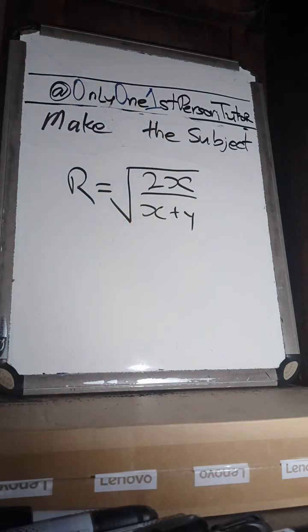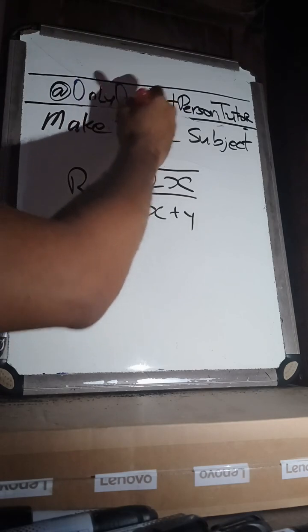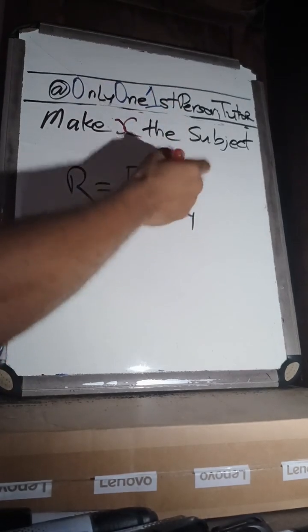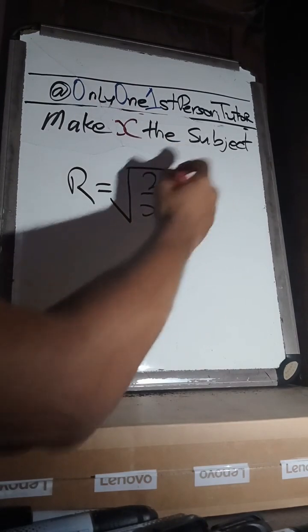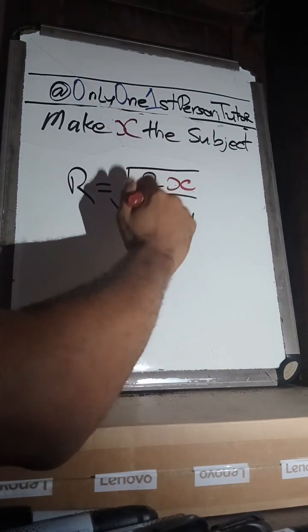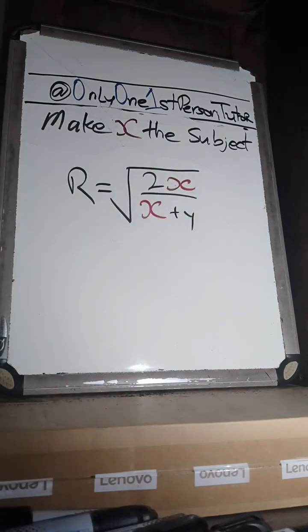The ones that tend to be troublesome are the ones where you have the same letter up here as you do down here. So the first thing that gives us a problem is the square root, so we want to get rid of that.